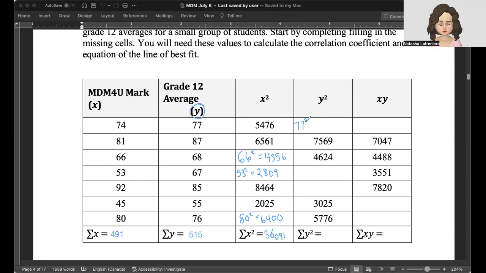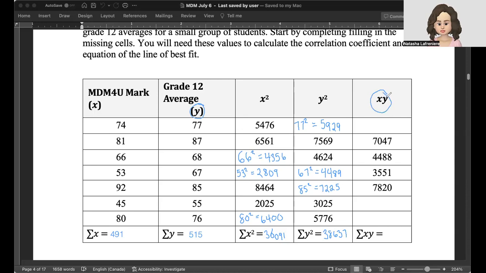You do the same thing with your y values. 77 squared gives you 5,929. 67 squared gives you 4,489. Then 7,225, and you add them all up to get 38,637.